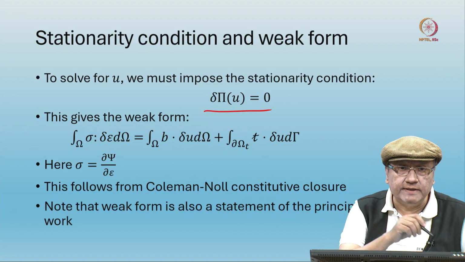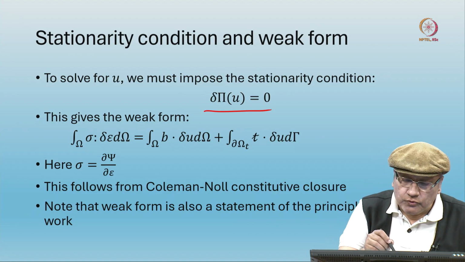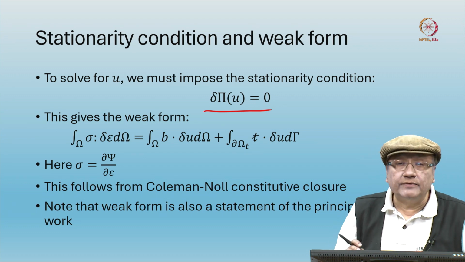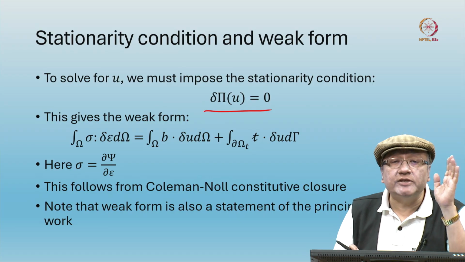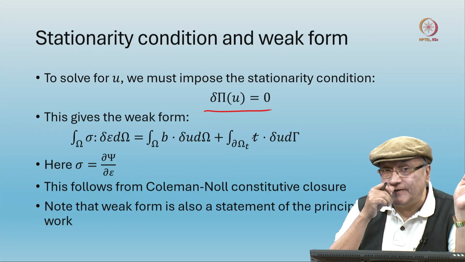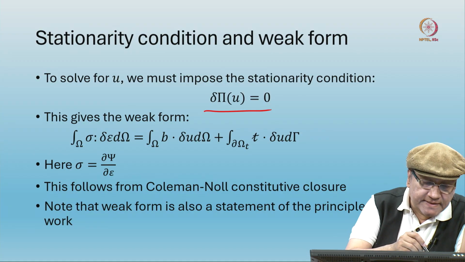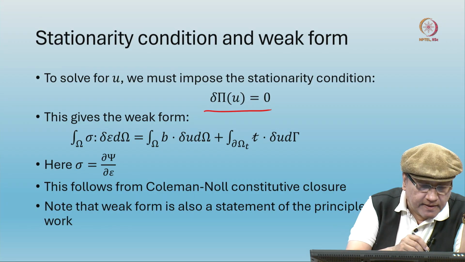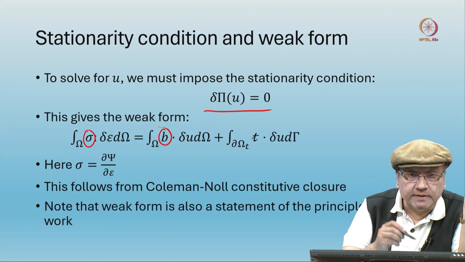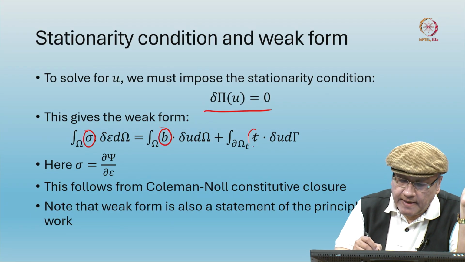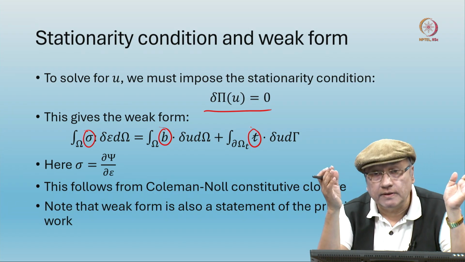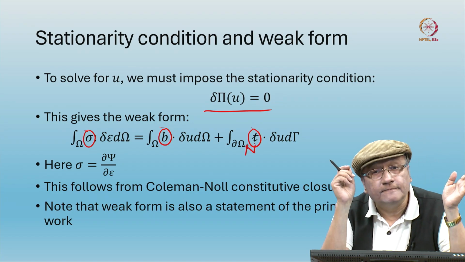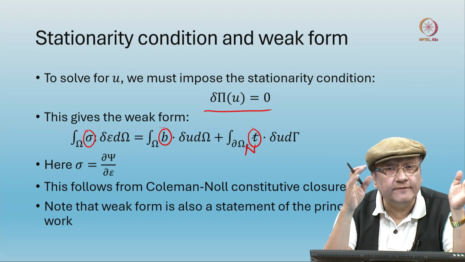So, if you use this variation on the expression for pi, you are basically changing only u, in a virtual manner, which leaves your sigma, the stress, B, the generalized body force, and script T, the traction applied to the Neumann part of the boundary, all untouched.